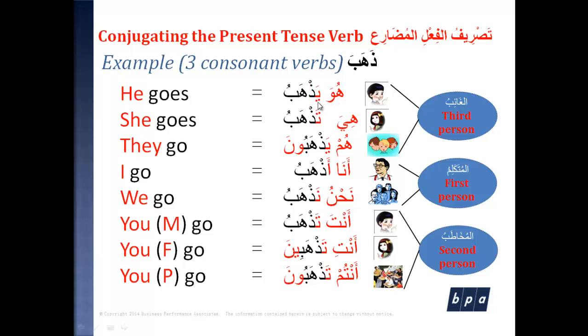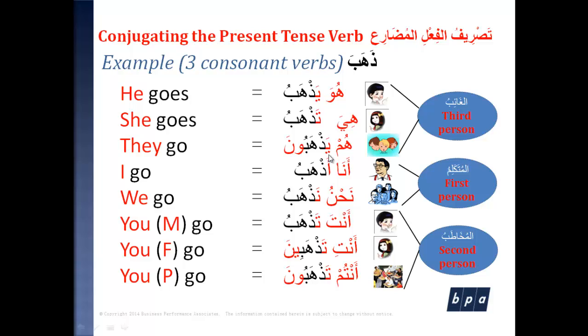It becomes yadhabu. Huwa yadhabu. He goes. So dhahaba in the past becomes yadhabu in the present. When we go with the pronoun hiya for she, we say tadhabu. The ya changes to a ta.